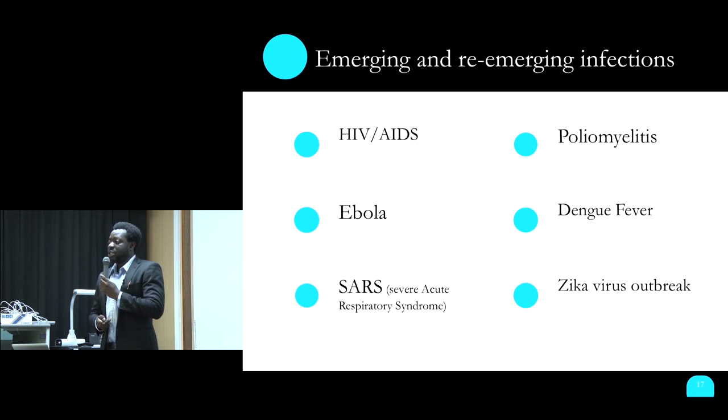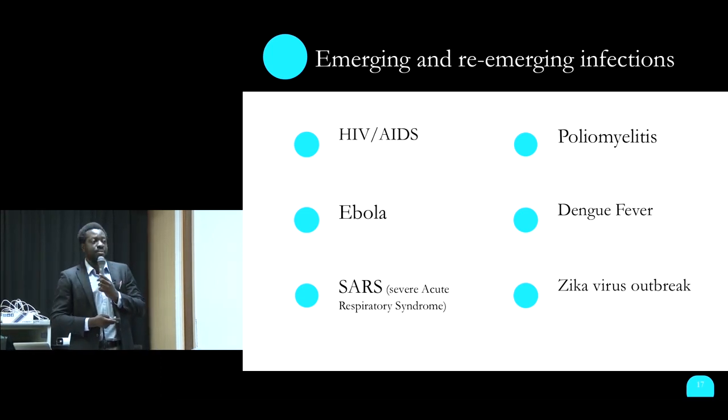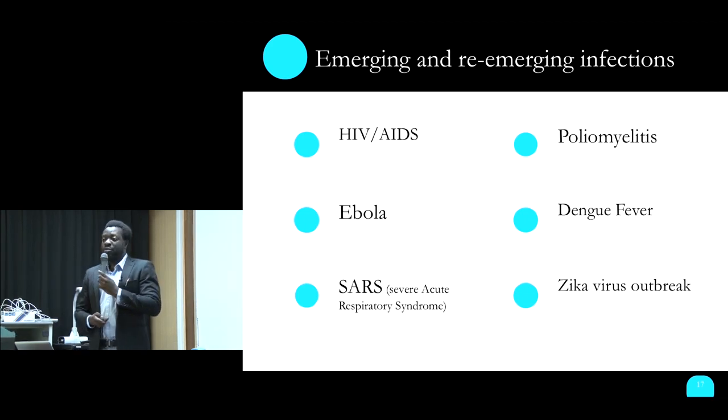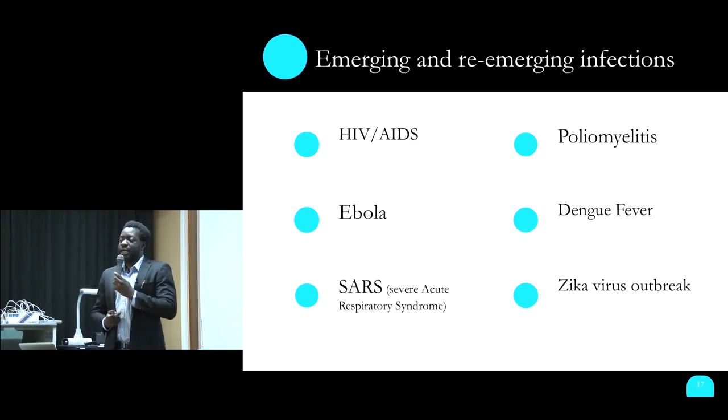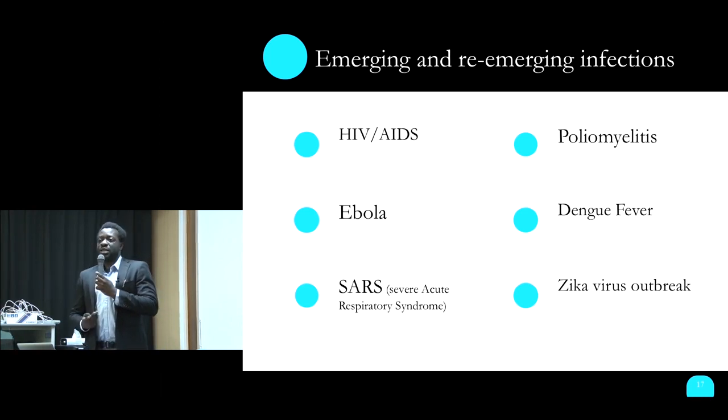I remember there was an outbreak in Yoyogi Park a few years ago. And now people are talking about Zika virus in Brazil, meaning that we are still at risk of those infectious diseases, and other emerging and re-emerging ones will continue to prevail.